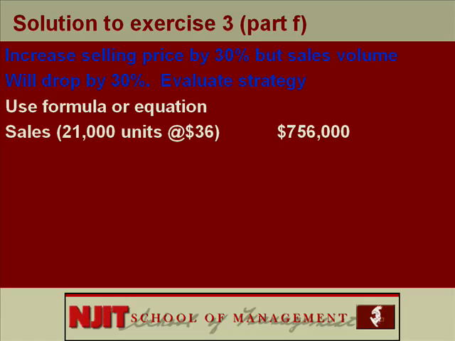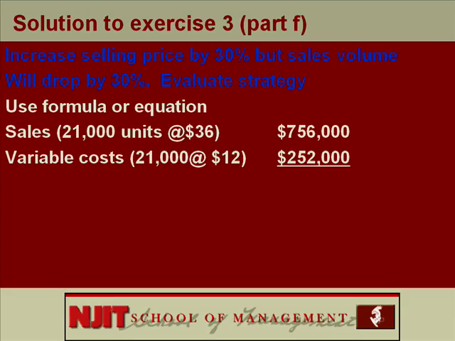The selling price, you have to increase selling price by 20%. Originally, it was $30. If you increase by 20%, it's $6. So the new selling price is $36. So the sales is $21,000 at 36, which is $756,000. Variable costs don't change. So $21,000 at $12, which is $252,000.